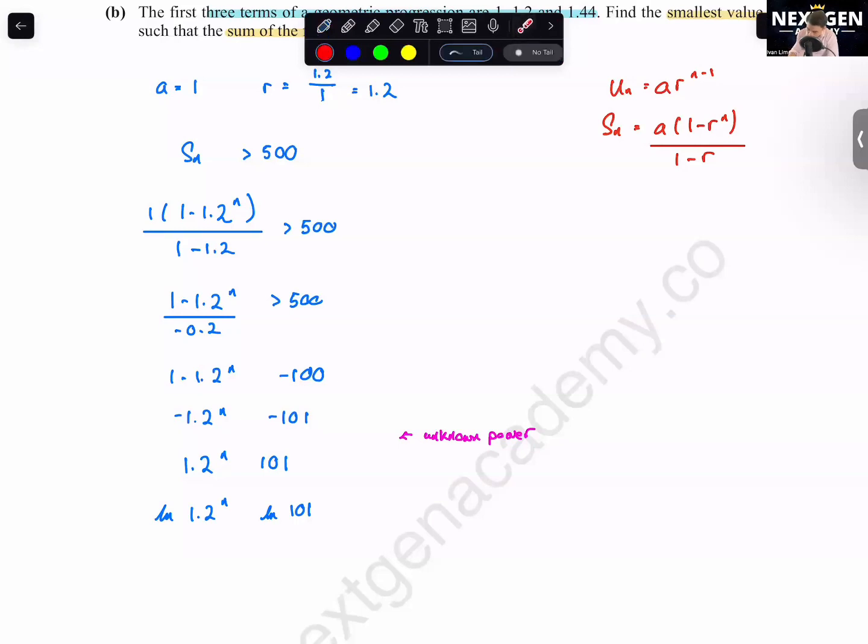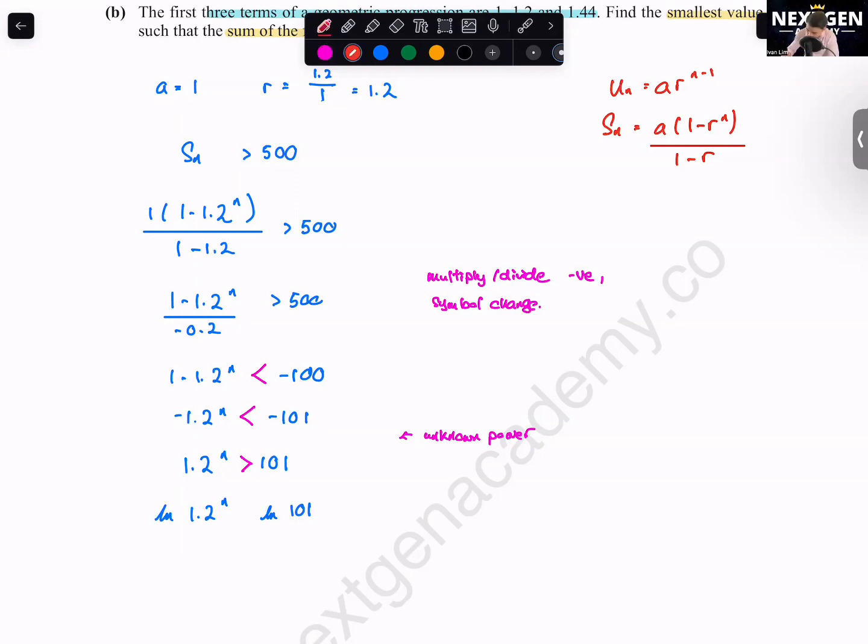So when I multiply or divide on a negative, symbol change. So here, by right, this part here, I need to change the direction. Got it? This one still remain. Then here, because I multiply by negative again, so now it will be like that. Okay, so it's 1.2 to the power n more than 101.